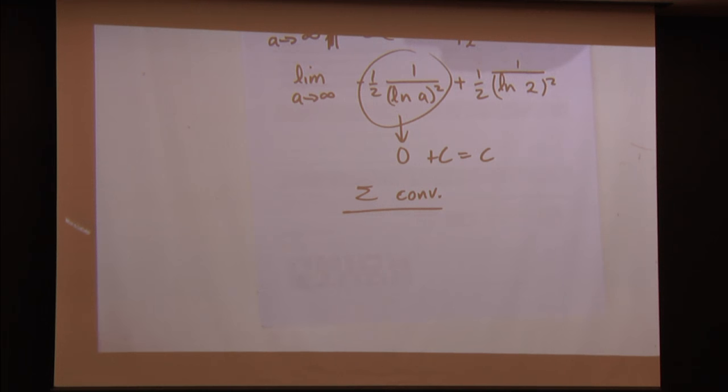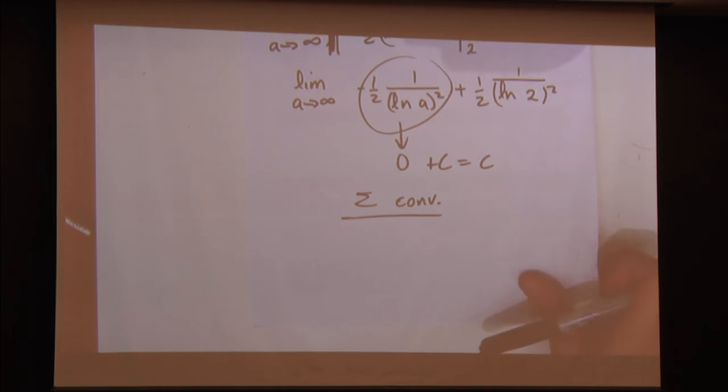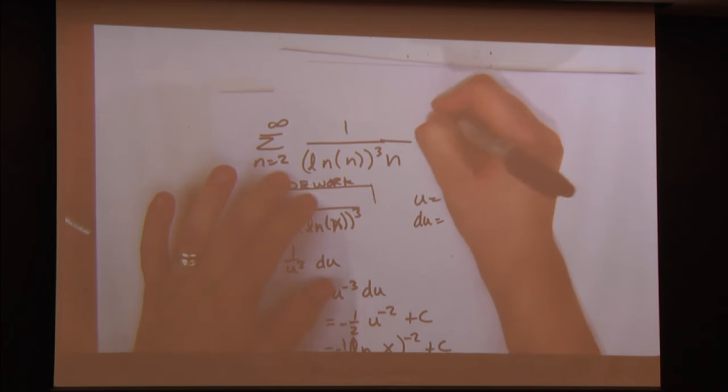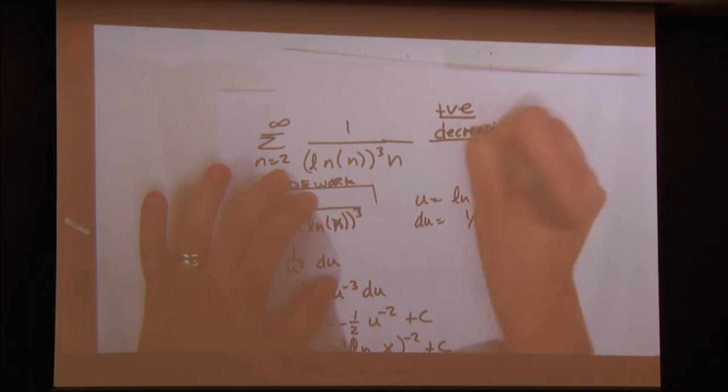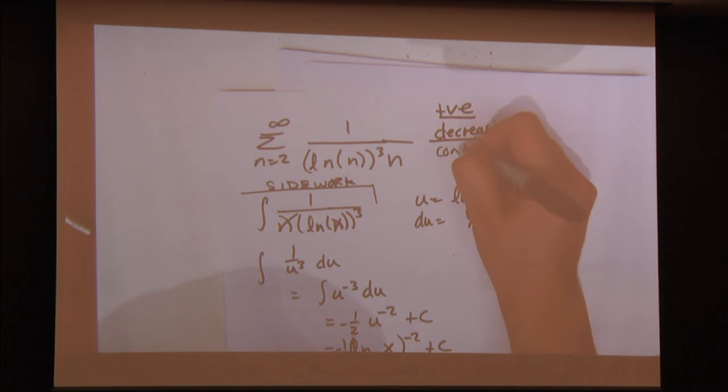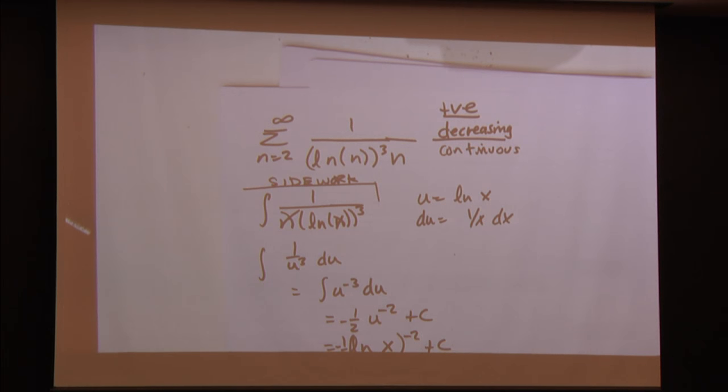Let's do another one. To do integral test, you have to prove 3 things that I forgot to do. And you can't forget to do it. Okay. So for integral test, you have to prove it's positive, you have to prove it's decreasing, and you have to prove what? It's continuous. Is there ever a point at which n from 2 to infinity is negative?